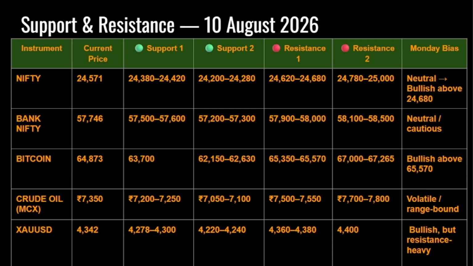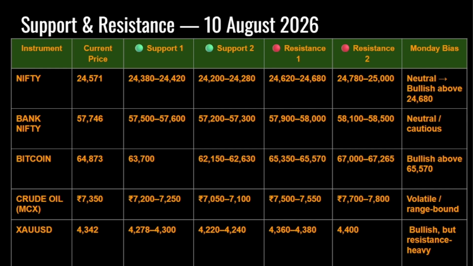The second resistance zone is $67,000 to $67,265. The key level here is $65,570. A sustained move above this level could strengthen the bullish setup. So for Bitcoin, traders should closely watch the $65,000 region.